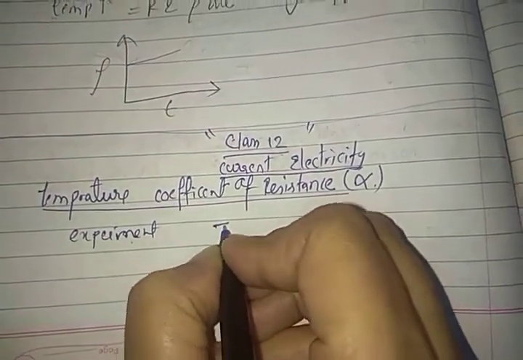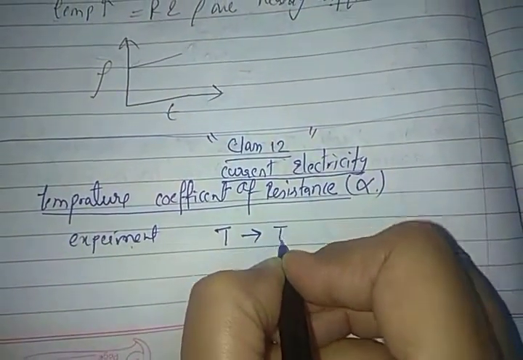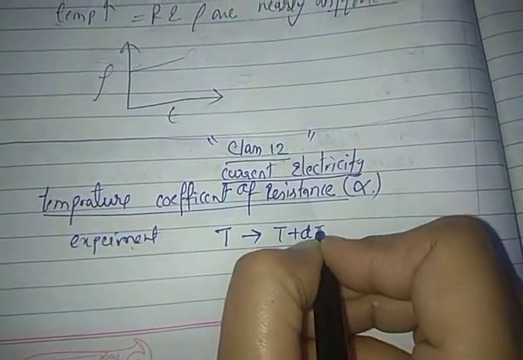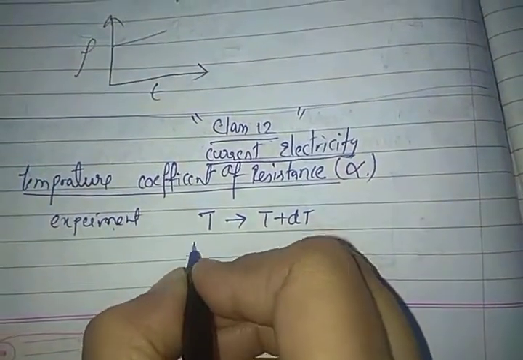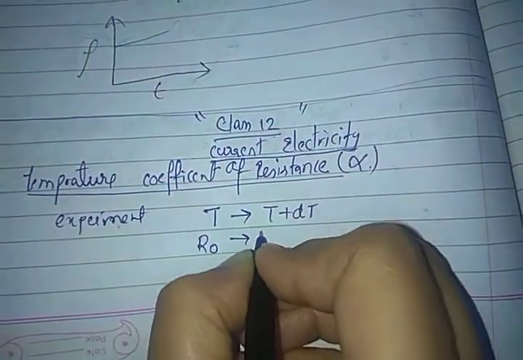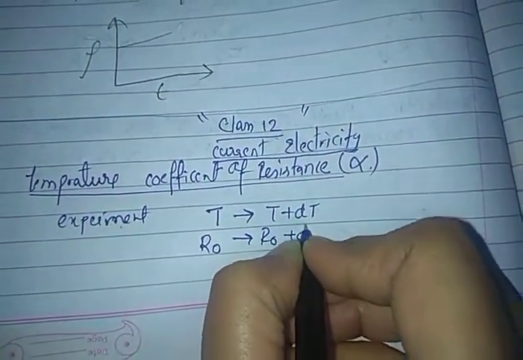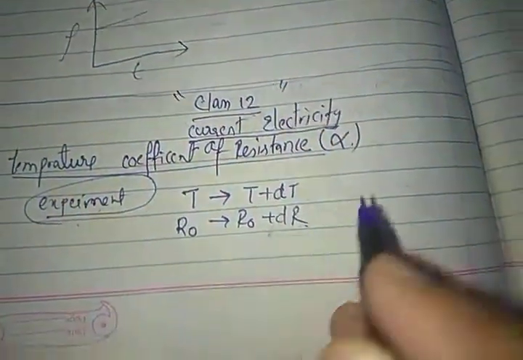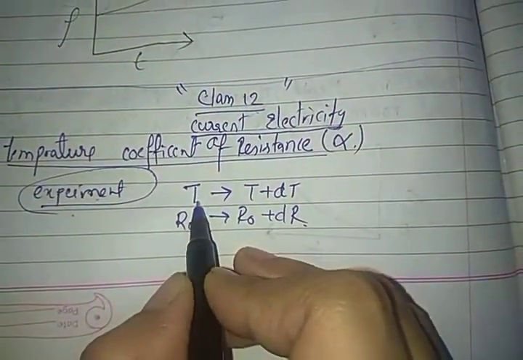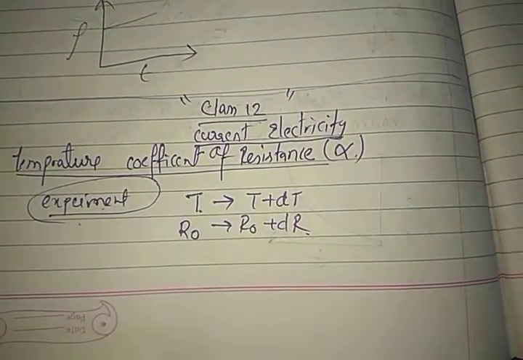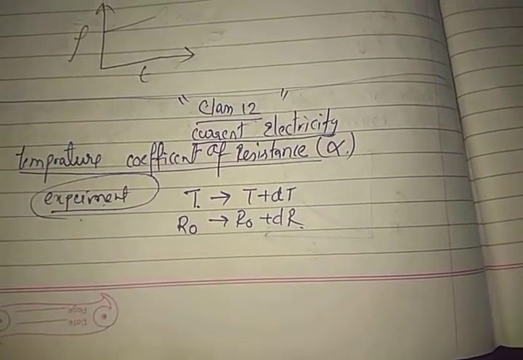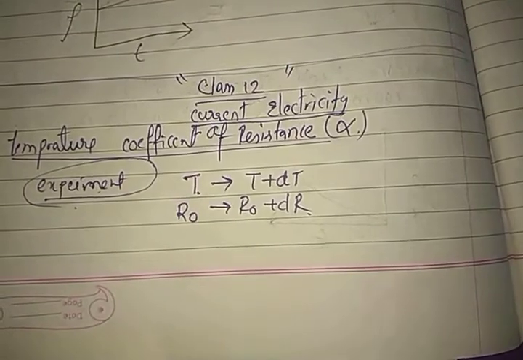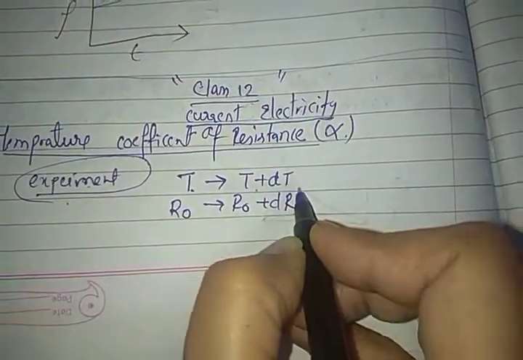suppose the temperature T changes to T plus dT, and the resistance changes from R0 to R0 plus dR. First the temperature was T, then it turned to T plus dT.